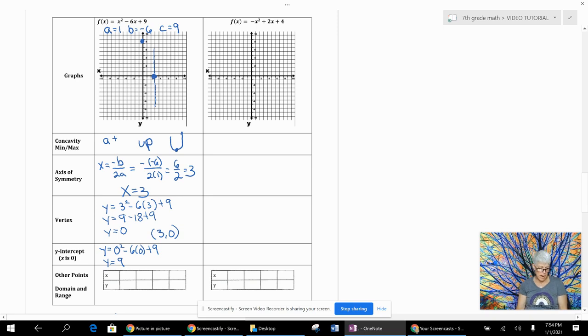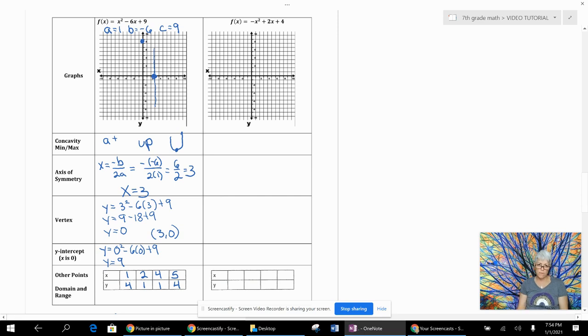Okay? Now, I'm just going to make up some other points, 1, 2, 4, and 5. If I substitute these points into the original equation, just like I substituted in the 3 and the 0, I would end up with a 4, a 1, a 1, and a 4.